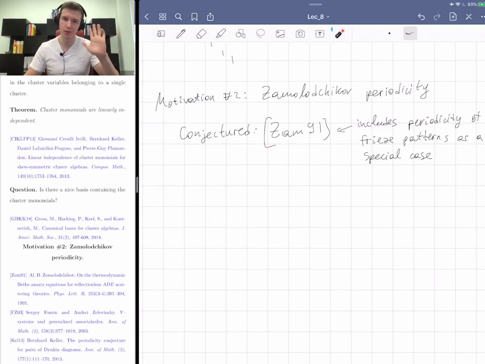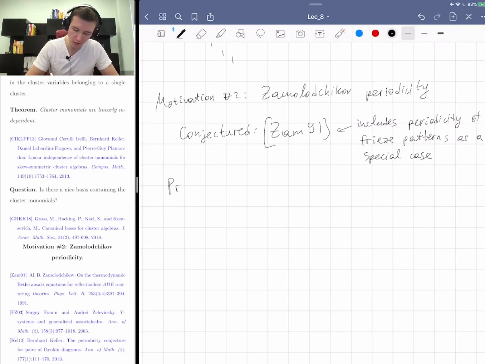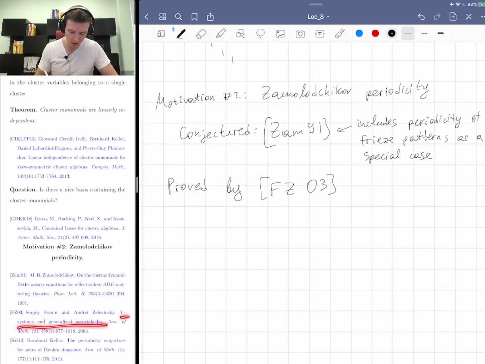You have a homework about Dynkin diagrams. This conjecture originally was defined for a single Dynkin diagram and then was generalized for pairs of Dynkin diagrams. Anyways, this conjecture was proved using cluster algebras, by Fomin-Zelevinsky in 2003. So there are Y-systems and generalized octahedra.